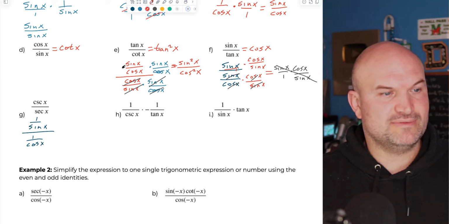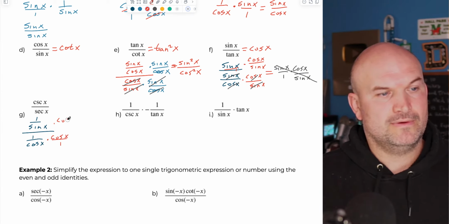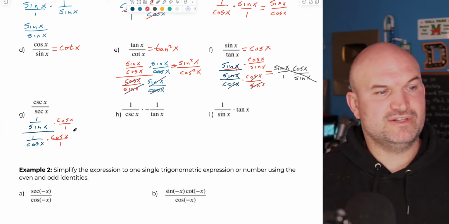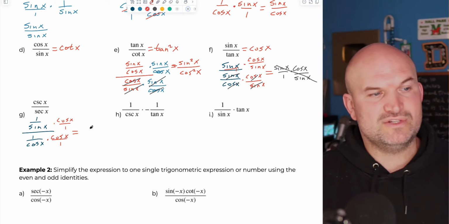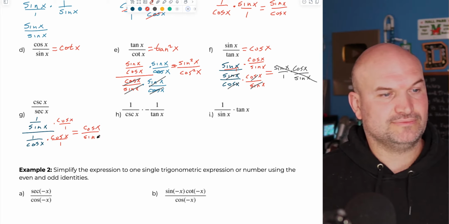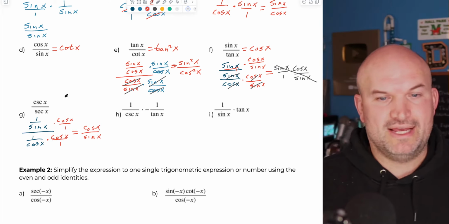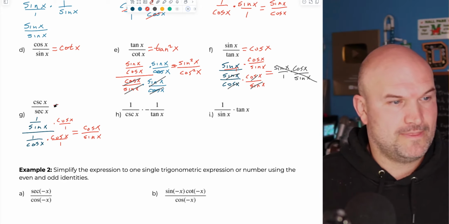And so here, if I just multiply by the reciprocal, which is a cosine of x, you can think about it as a cosine of x over 1. So now I'm just going to be left with a cosine of x over a sine of x. And cosine of x over sine of x, we know is going to equal a cotangent of x.